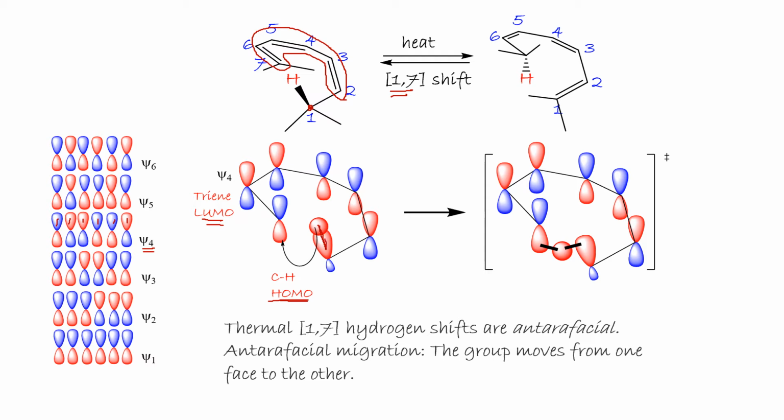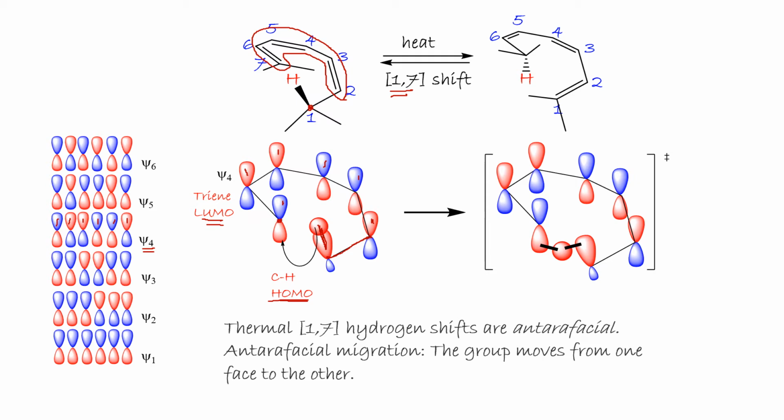Here is our sigma bond, red. The adjacent carbon will be red, then blue, red, and blue.